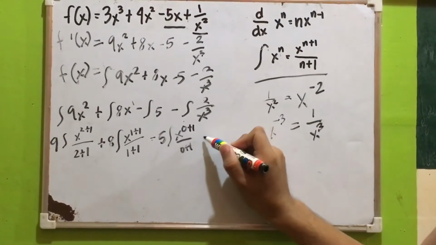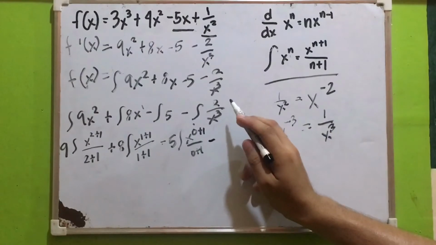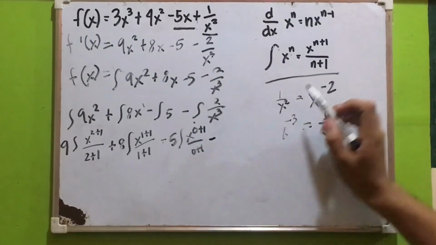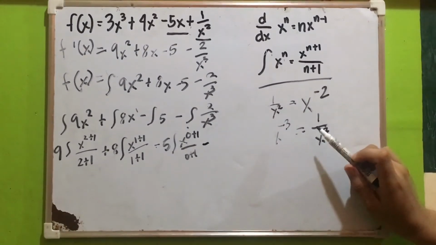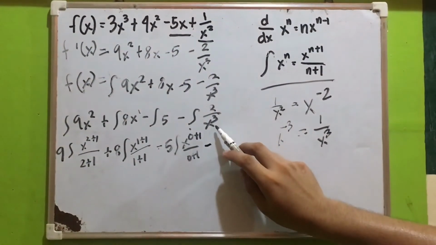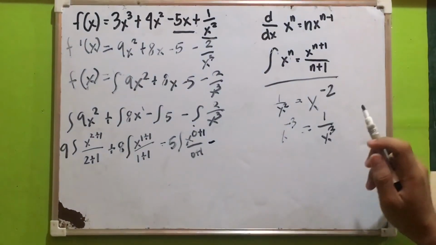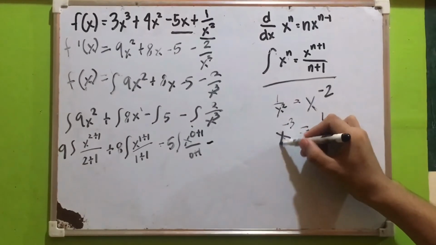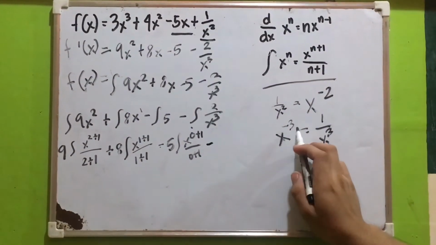Then lastly is this term. We can see that on the last term we cannot apply this certain formula. So what we do now is bring the denominator back to the numerator, and as stated previously, 1 over x cubed is just equal to x raised to the power of negative 3.